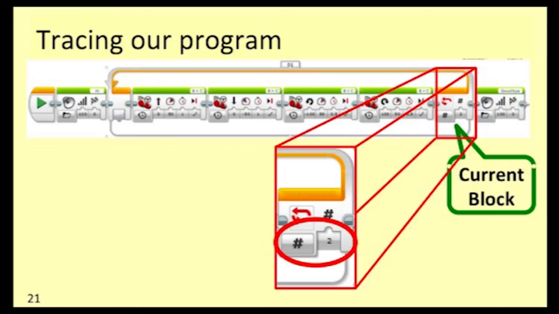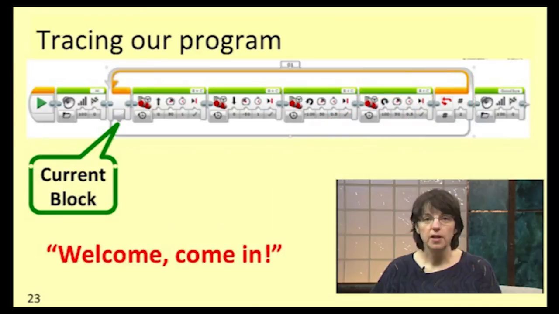The end of the loop chooses which phrase to say based on how the loop's block is set. In the case of this loop, we set the control to count and the number of times to 2. Since we haven't been through this loop 2 times yet, the end of the loop tells us to do it again. So here we are back at the beginning of the loop again.